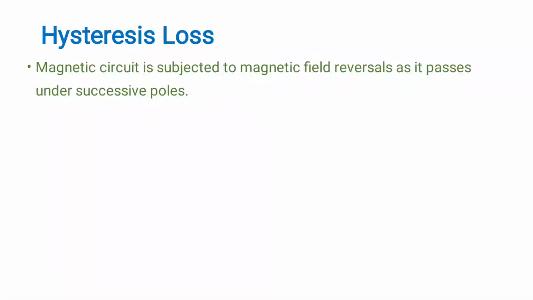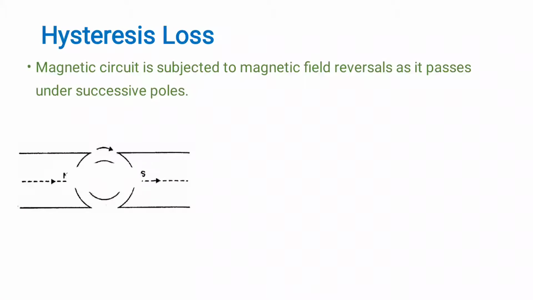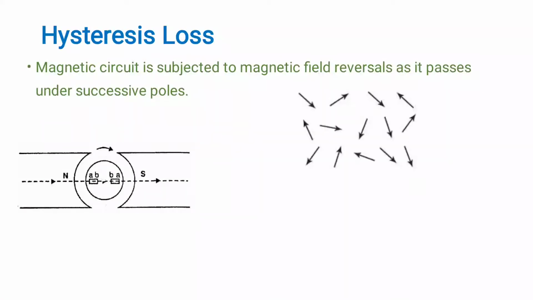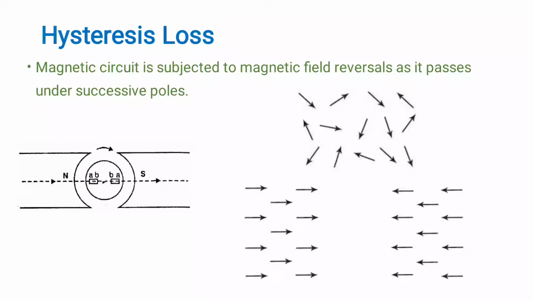The magnetic circuit is subjected to magnetic field reversal as it passes under successive poles. Because of this reversal, some energy is needed to reverse the magnetic field, and that power is lost.